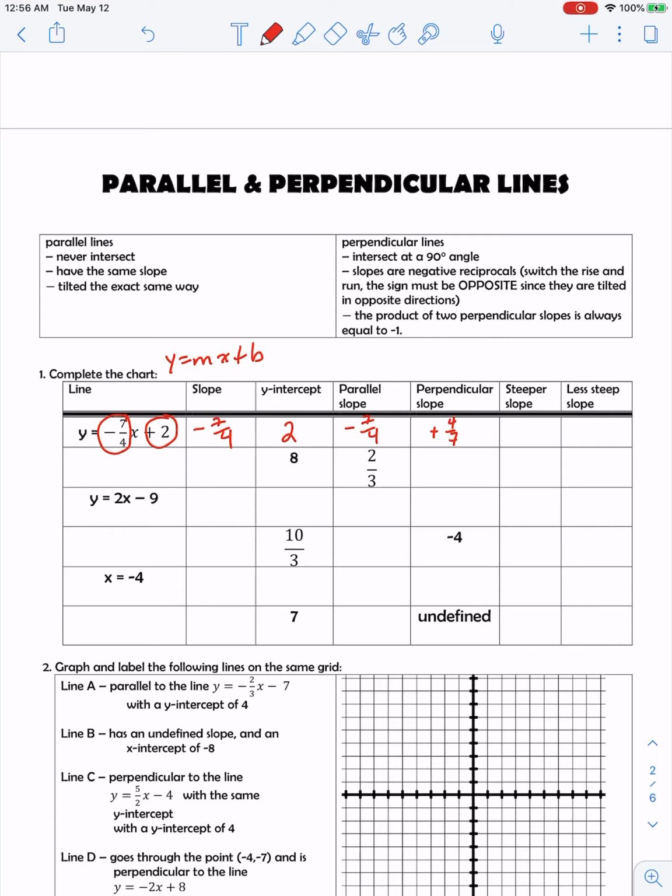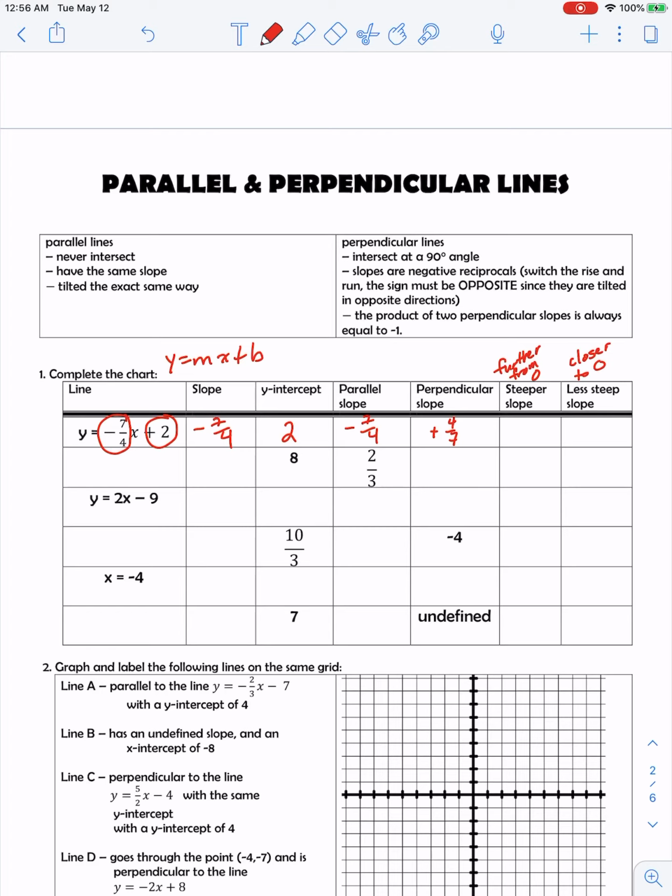Now, a line that is steeper than -7/4, you just want to have a number further away from 0. So this is further from 0 to get steeper. Any number further from 0. And this has to be closer to 0.